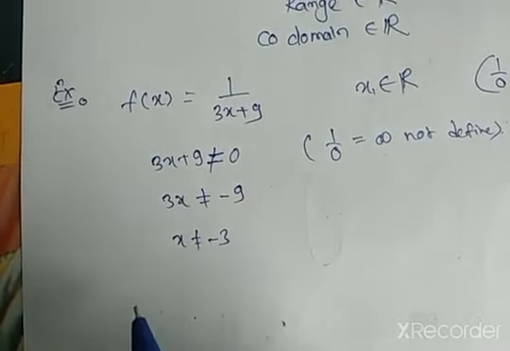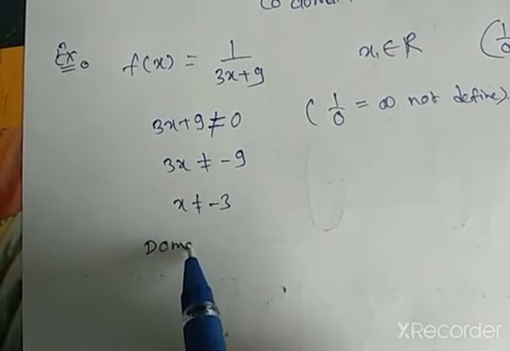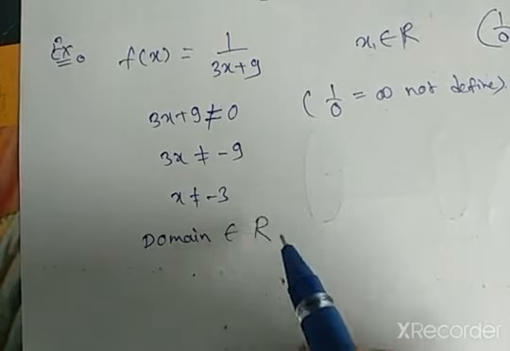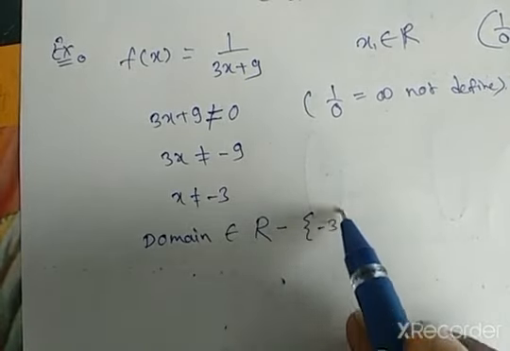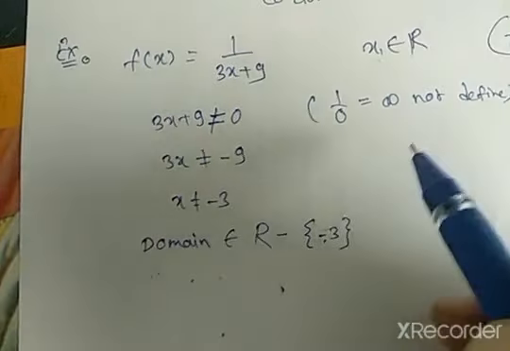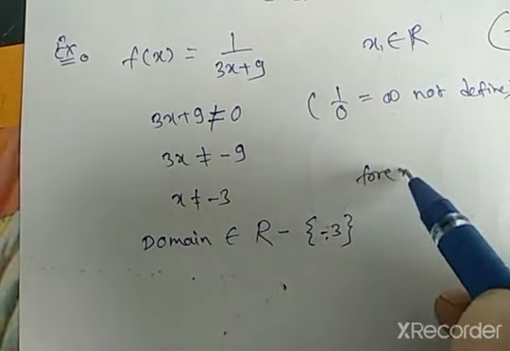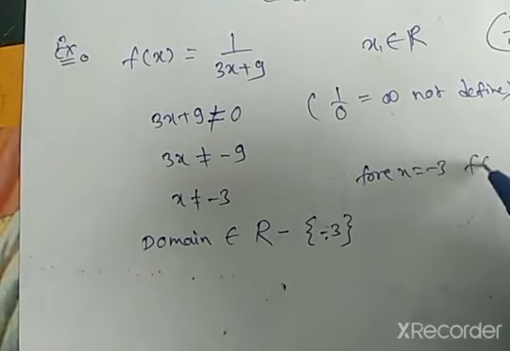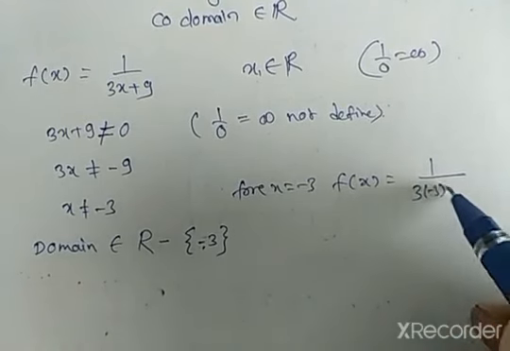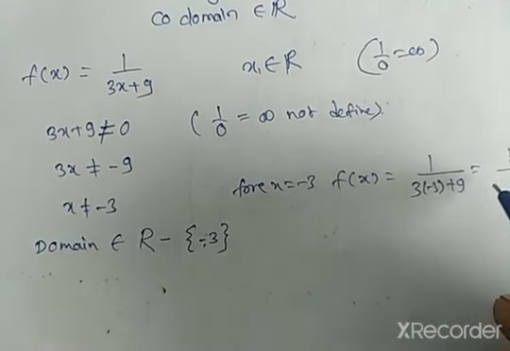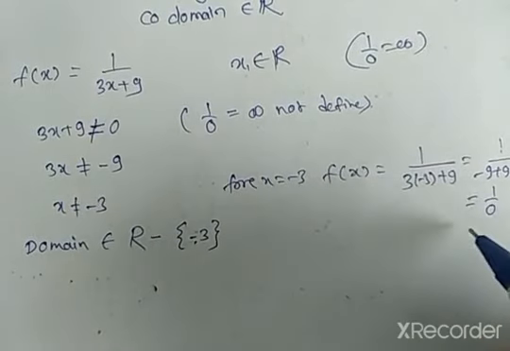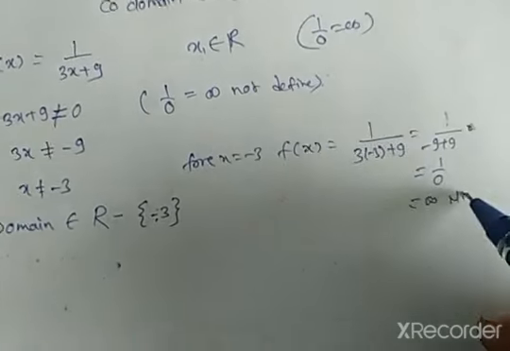So its domain set will be real numbers minus the singleton set minus 3. Because if you check for x equal to minus 3, f of x is equal to 1 upon 3 into minus 3 plus 9, which is 1 upon minus 9 plus 9, which is 1 upon 0, which is infinity, which is not defined.